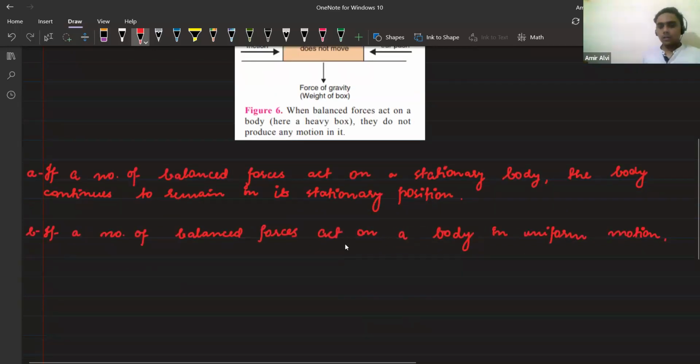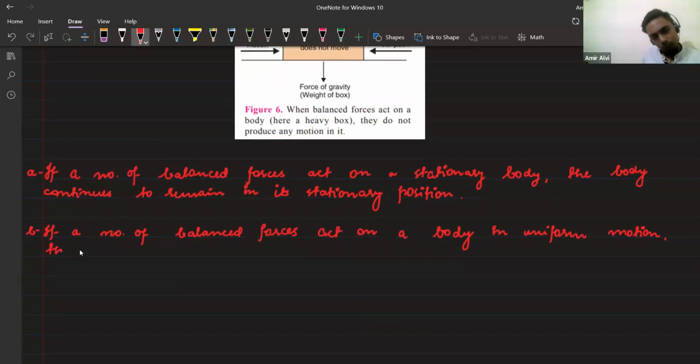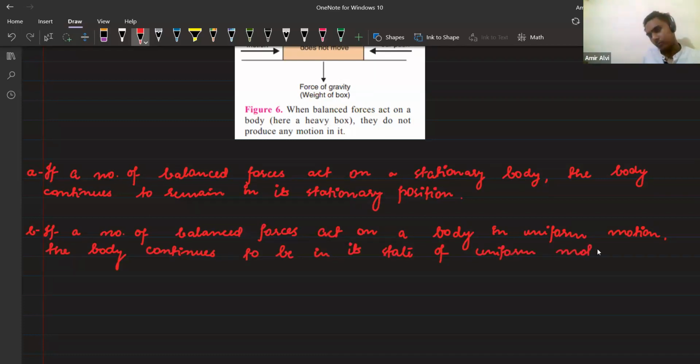The body continues to be in a state of uniform motion. Is everything clear to all of you? Yes, sir. Okay.